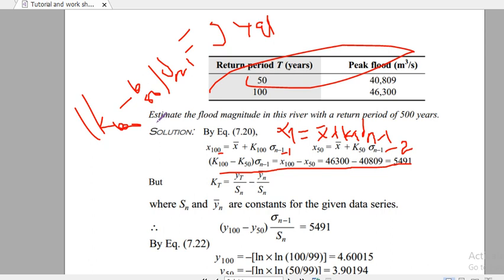By substituting into this equation, we can get another equation.